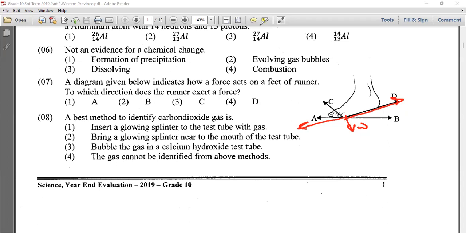Basically, what they ask here is how the force acts on the feet of a runner. To which direction does the runner exert the force?